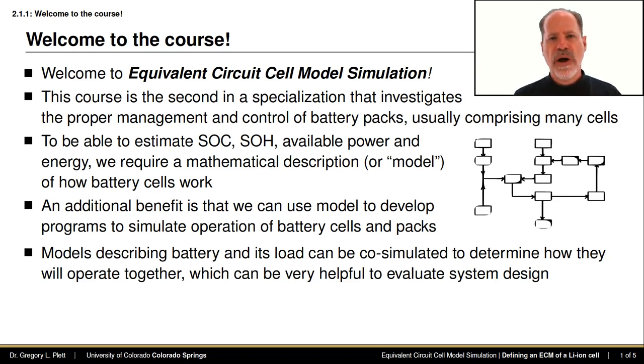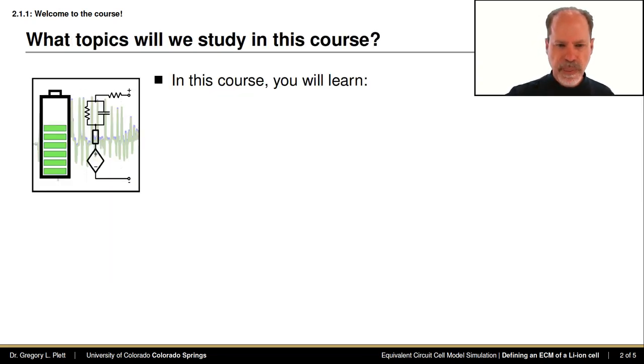And if you also happen to have a description or model of the load that will be powered by the battery, you can combine those two models of the load and the battery to be able to co-simulate the operation of both together and how they will operate together in an overall system. This can be very helpful to aid the evaluation in a system design.